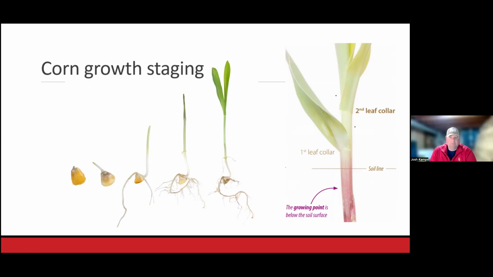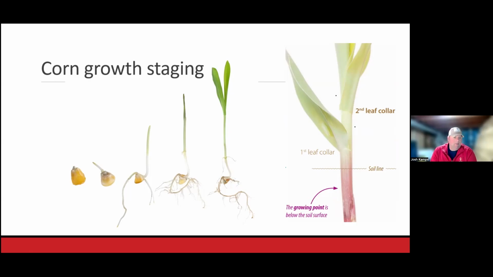Not included in this picture would be, most likely, the third leaf. That does not have a fully developed collar. It doesn't completely fit around the stem of the corn plant, so we can't give it that extra growth stage. So this would be a V2, or in the second growth stage.